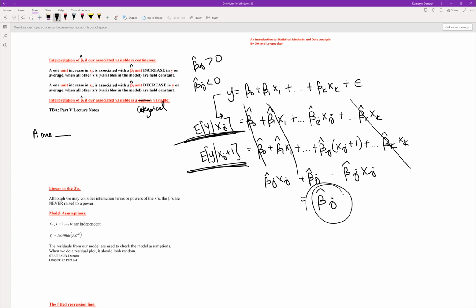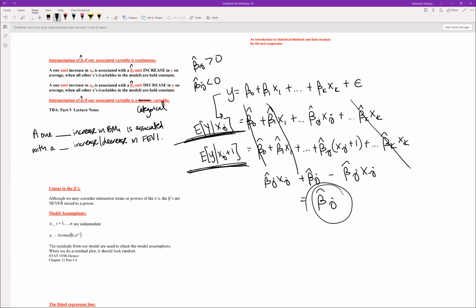A 1 blank increase in BMI is associated with a blank increase or decrease, depending on if that beta hat j was positive or negative, in FEV1.